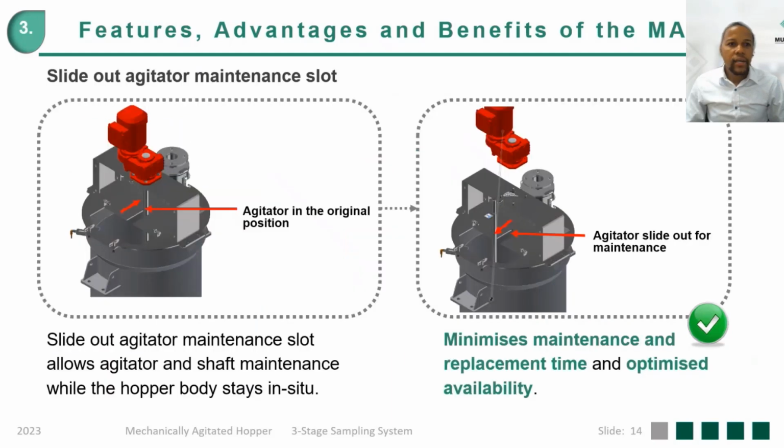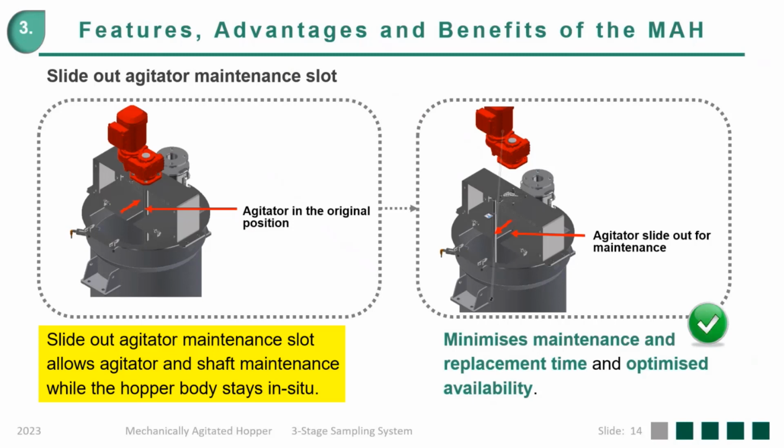The agitator inside the hopper can slide out for maintenance purposes. The slide-out agitator maintenance slot allows agitator and shaft maintenance while the hopper body stays in situ. This is included to minimize maintenance and replacement time and also optimize availability of the mechanically agitated hopper.